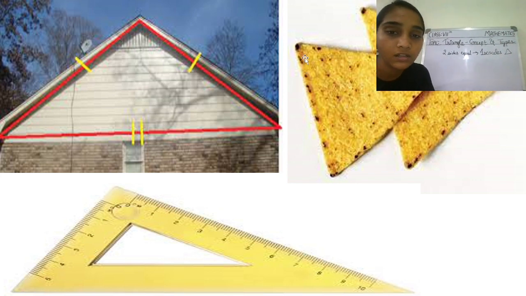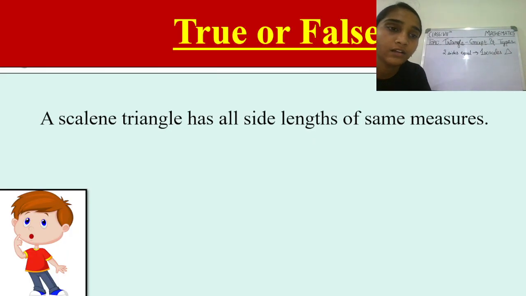And what about the triangles made by these puppets? Yes, the first one looks like all sides are equal in length, so it is an equilateral triangle. And if only at the back side the two sides are equal, we can say that is an isosceles triangle. Very good, students. So now let's move ahead.